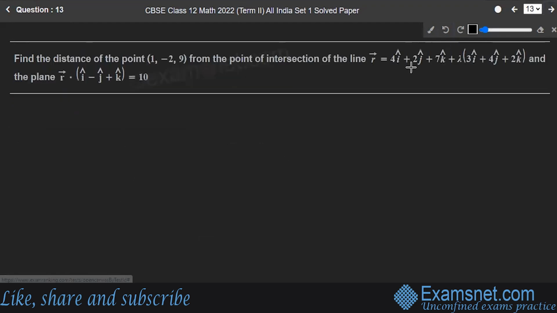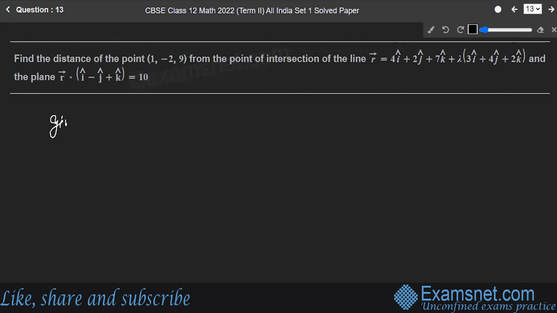Hope you got that. Next is question number 13. Find the distance of the point (1, -2, 9) from the point of intersection of this line and this plane. So you have to find the distance of this point from the point of intersection of this line and this plane. Hope you have got the criteria, what you need to find out, right? Let's start with the question.